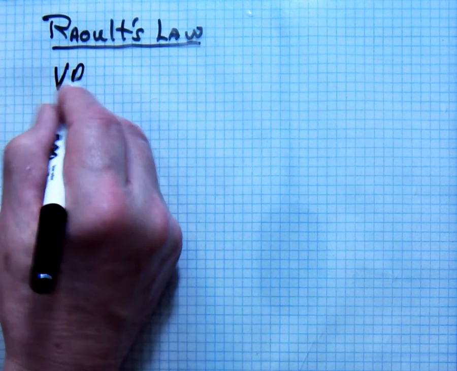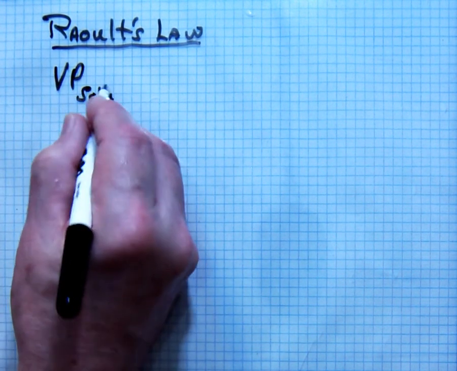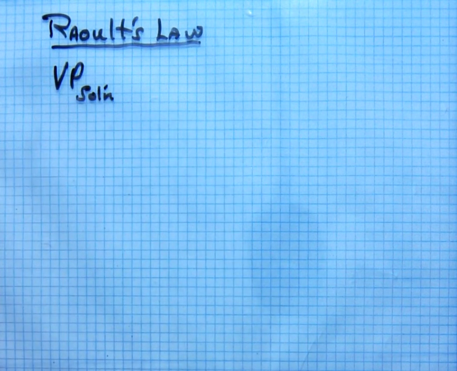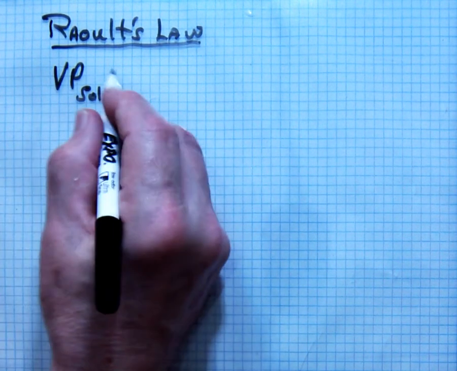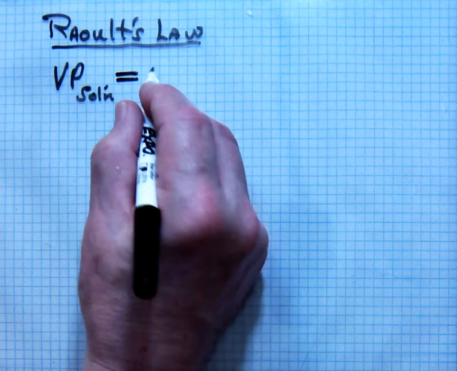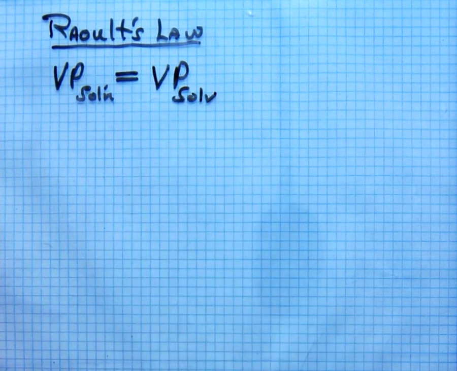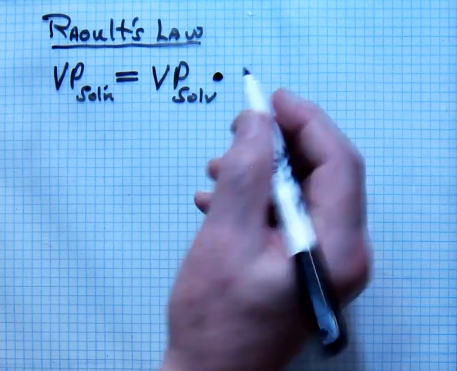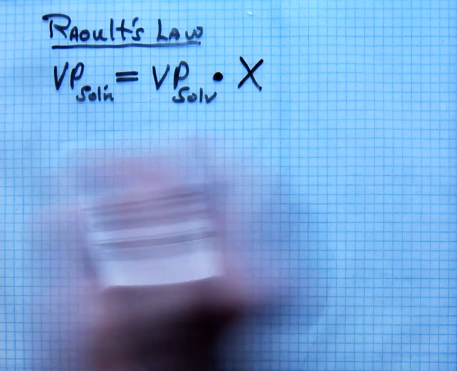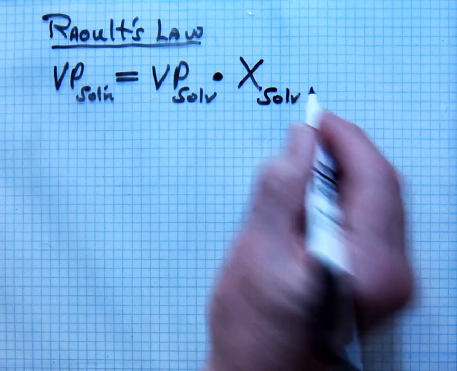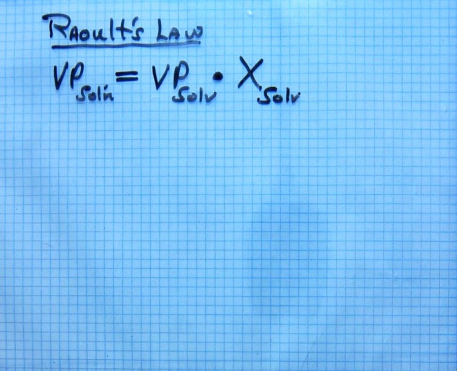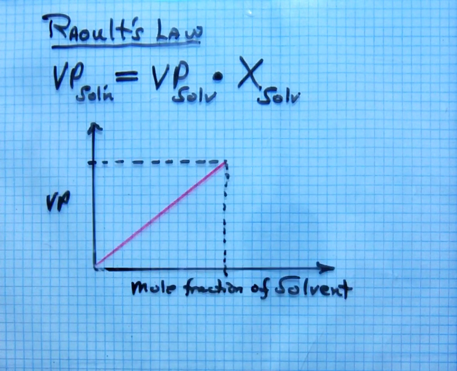So the vapor pressure of the solution, which is actually the solvent over the solution, is equal to the vapor pressure of the pure solvent times the mole fraction of the solvent. Like that. So the less solvent versus more solute you have, the lower the vapor pressure.